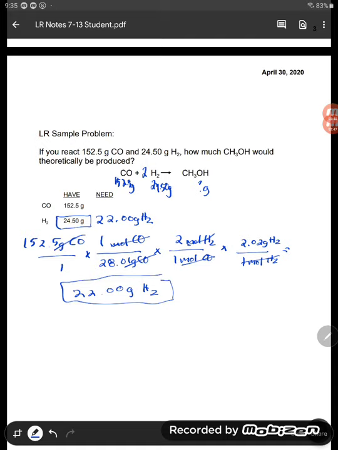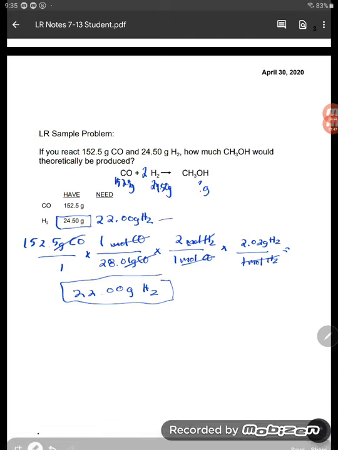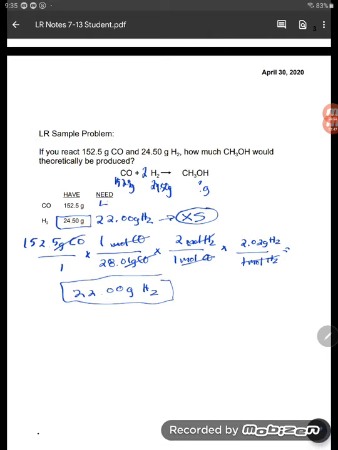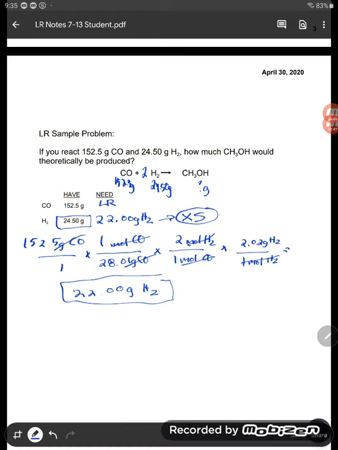So we know then, since I need 22.00 and I was given 24.50, that this is our excess reactant. I have that amount left over. I'm going to have extra. For the CO, then, this would be my limiting reactant as it was completely used up. So that's one way to identify your limiting and your excess reactant.